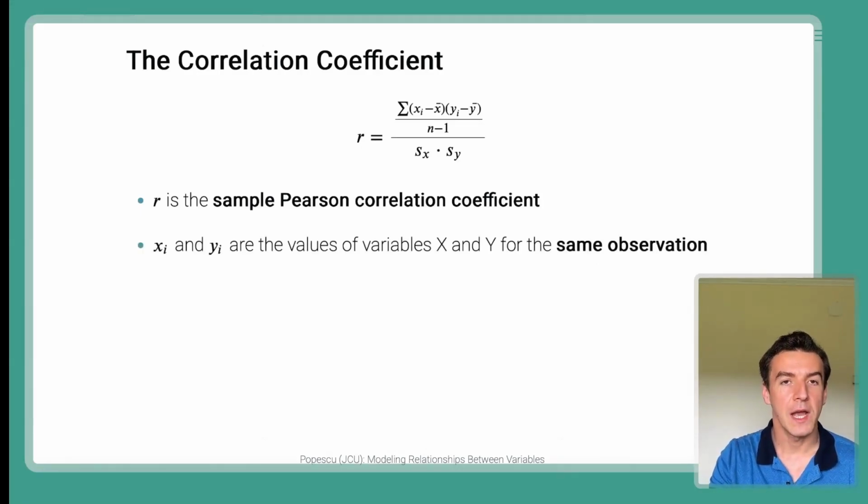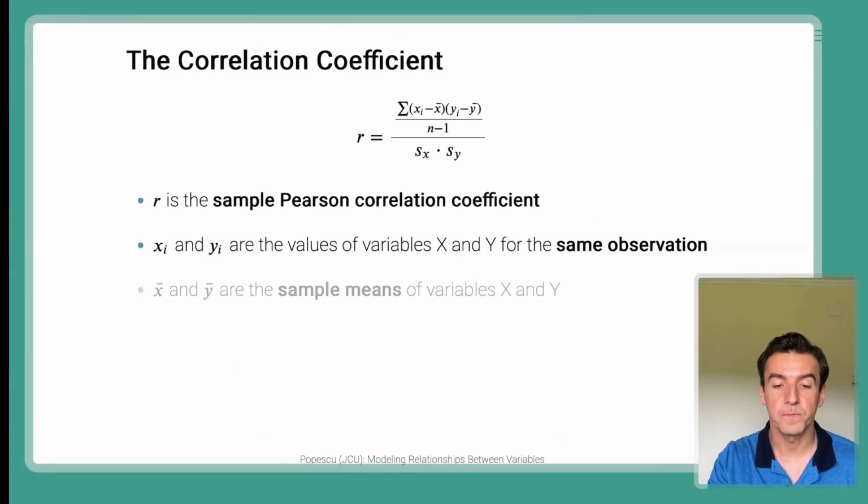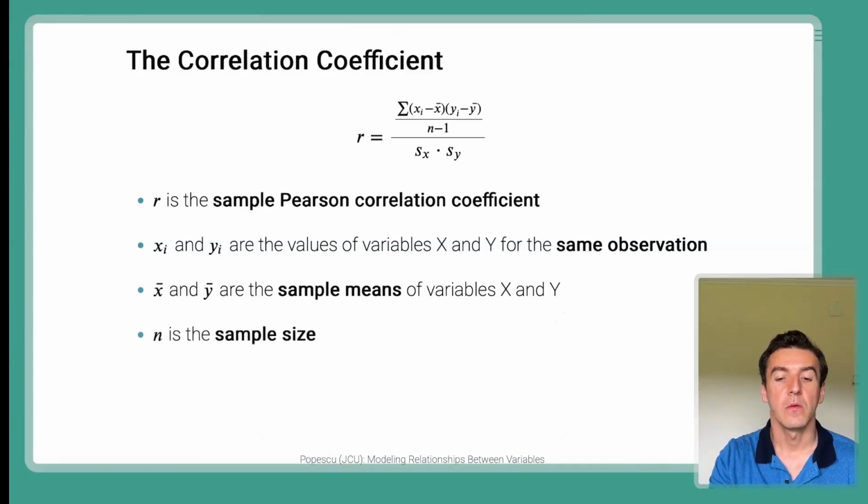x_i and y_i are the values for the variables X and Y. Notice here that the values are written as lowercase x and y, whereas the variables are written with uppercase X and Y. X bar and y bar are the sample means for the variables X and Y, and n is the sample size.